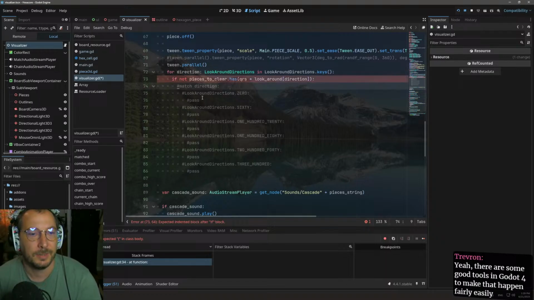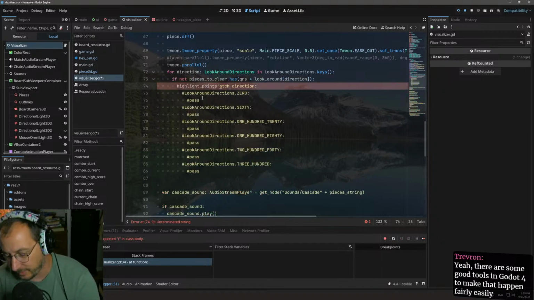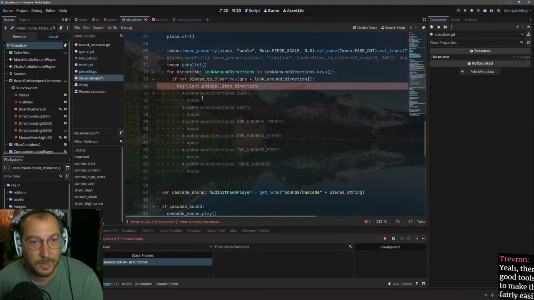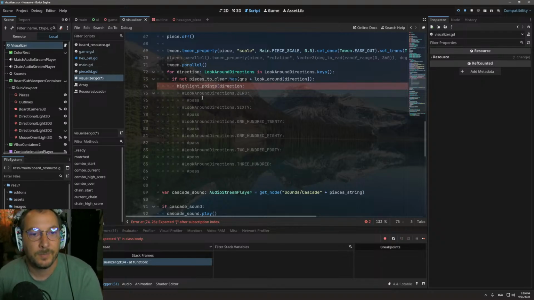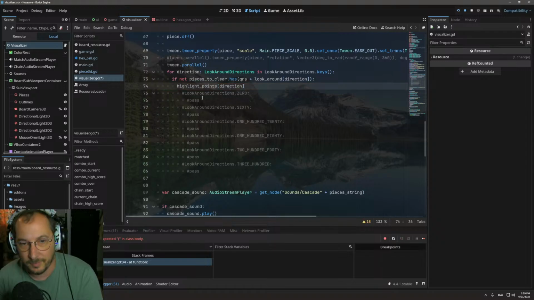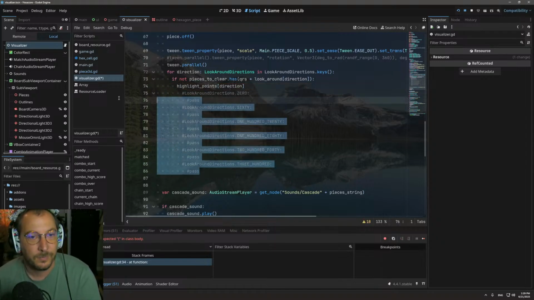We just take highlight points and look it up via match direction. What we get from that, from direction, sorry, is the array of Vector3s.